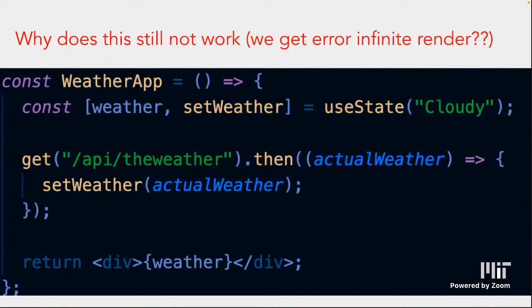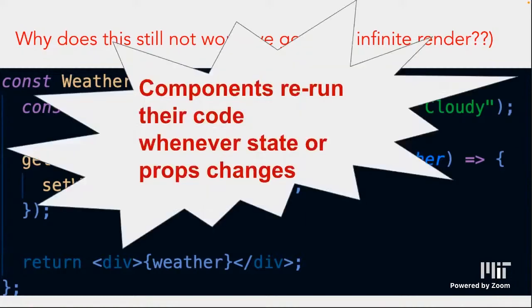So it will get the weather again and try to set it. And that'll be an infinite loop. So it's important to remember that everything reruns whenever you update the state or update a prop.